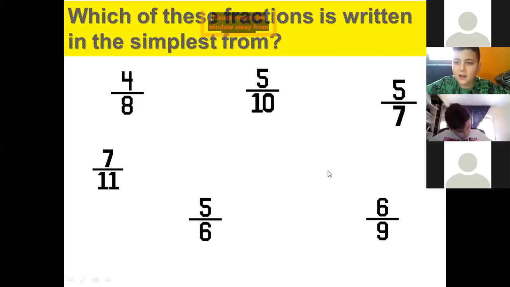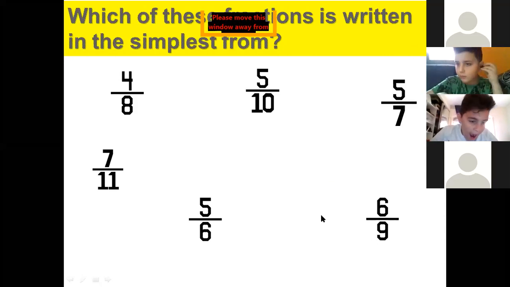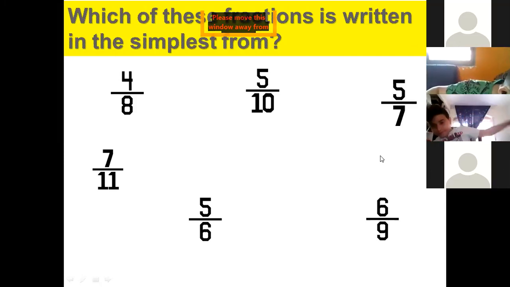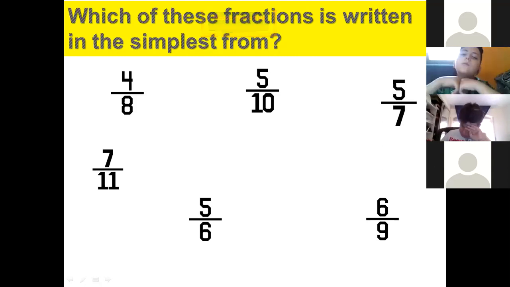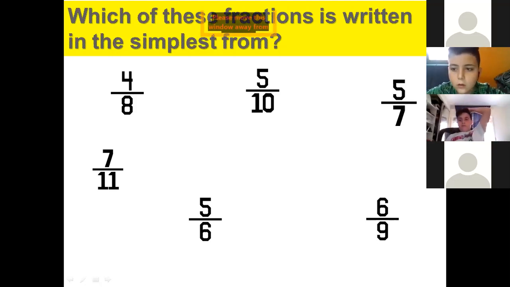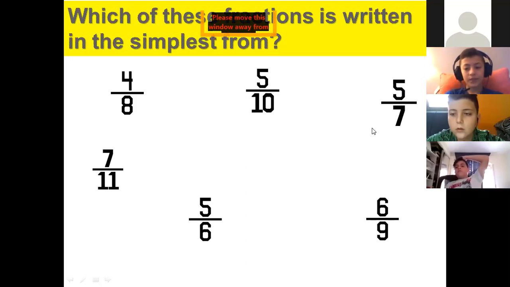Thank you, Mu'in. Okay, Naya, let me see Naya. 7/11. 7/11 is another fraction in simplest form. Yes, excellent, Naya. Taysir, can you give me another fraction in simplest form? 5/7. Yes, excellent, Taysir.